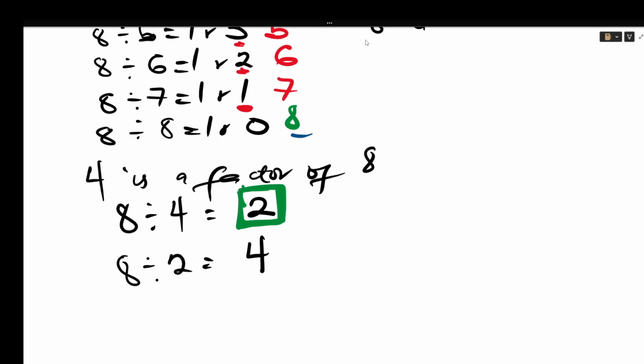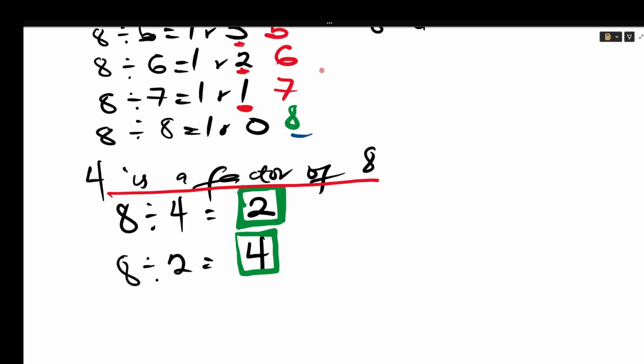You can also find out again that this 4 is a factor of 8, as we have already stated here. So when you pick a factor and divide the number by it, the answer you get should also be a factor of that number.